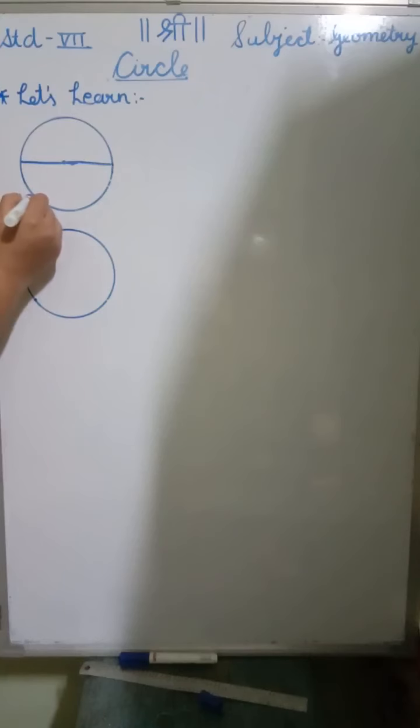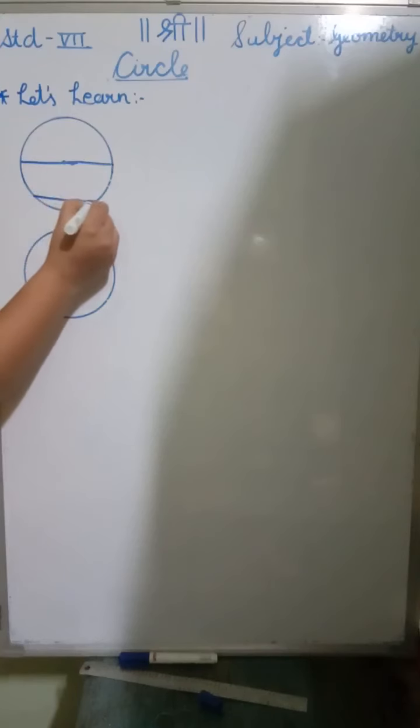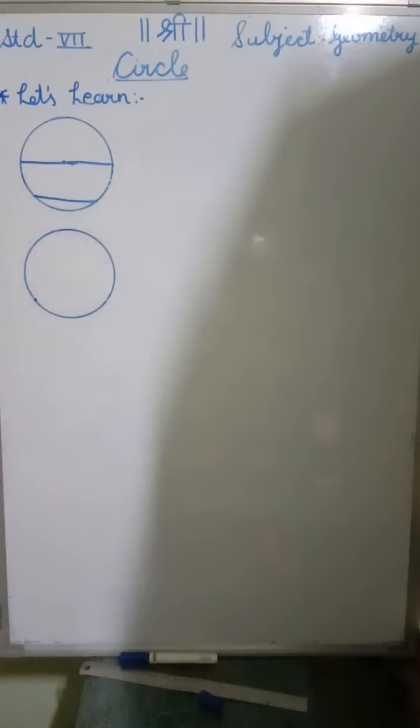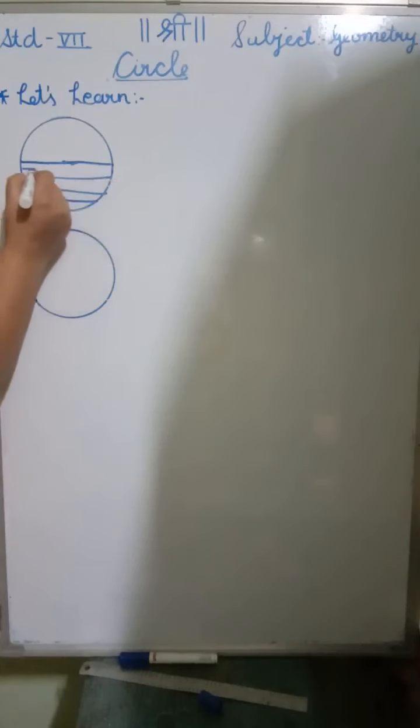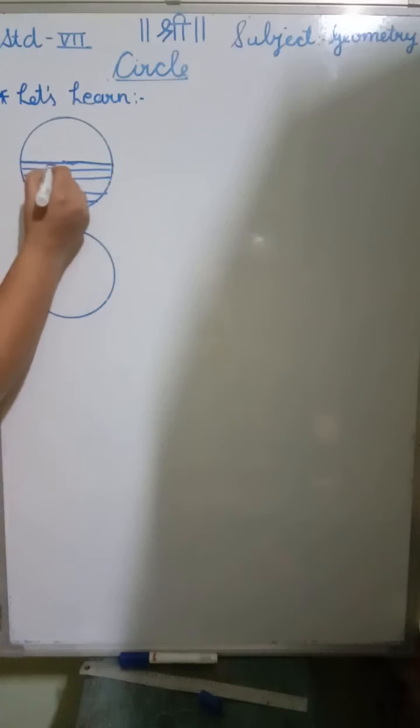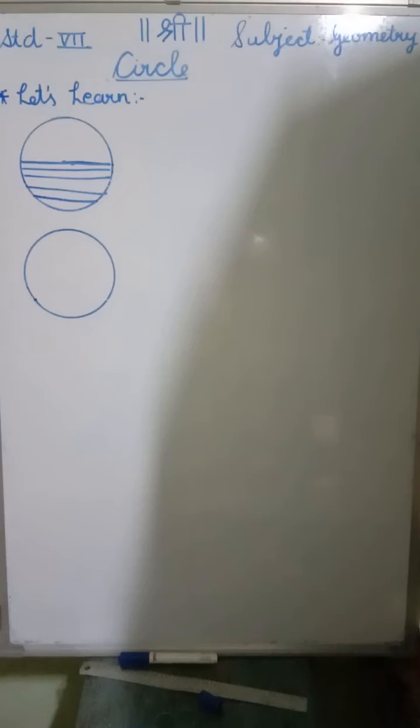The line which starts from the circumference and just joins the circumference is called a chord. In this way we can draw many chords. But children, at a certain distance we get a chord which is passing through the center. Then it is called a diameter, so the diameter is also a chord.